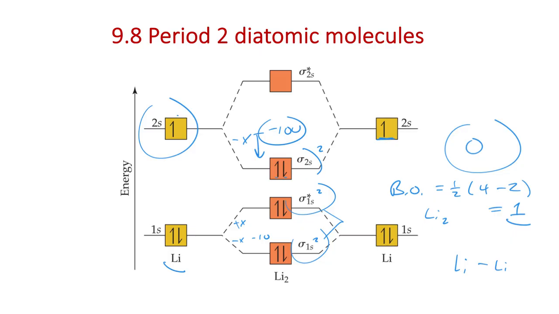Let's contrast this on this slide with diberyllium. So if we're comparing lithium-2 with diberyllium, just the next element on the periodic table, diberyllium just has 2 more electrons. It's kind of like the helium-2 example, where it's going to have to put 2 electrons into an antibonding orbital. So diberyllium is not going to exist with a stable bond. Diberyllium's bond order would be equal to 1/2 times (4 minus 4), so 0.